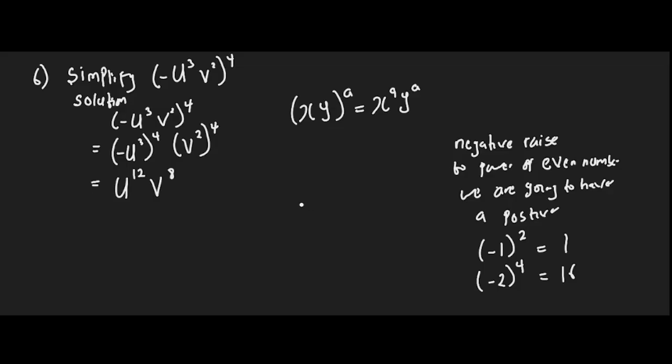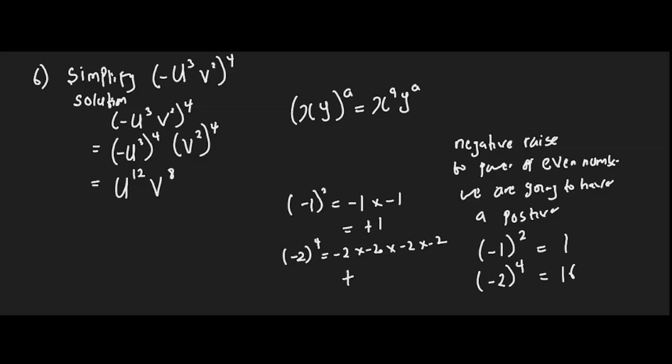We could also show and understand it better like this. If we have (-1)^2, you agree with me that it is the same thing as -1 times -1. Minus times minus is plus, 1 times 1 is 1. Also (-2)^4 is -2 times -2 times -2 times -2. Minus times minus is plus, plus times minus is minus, minus times minus is plus.